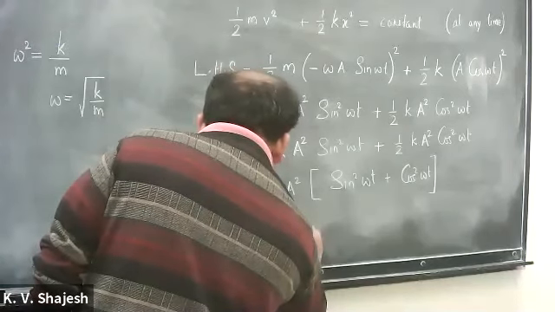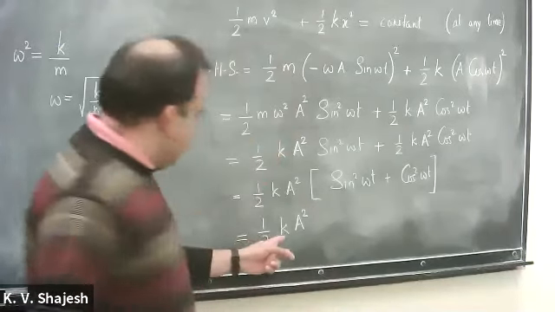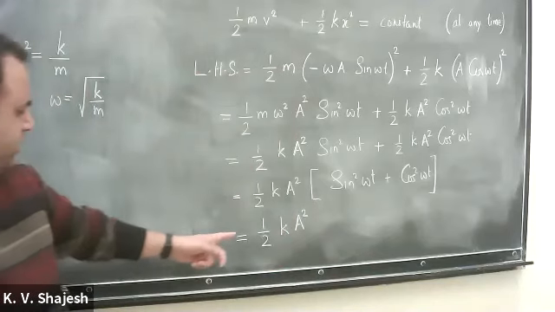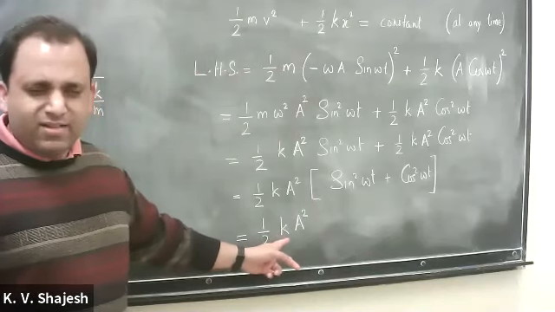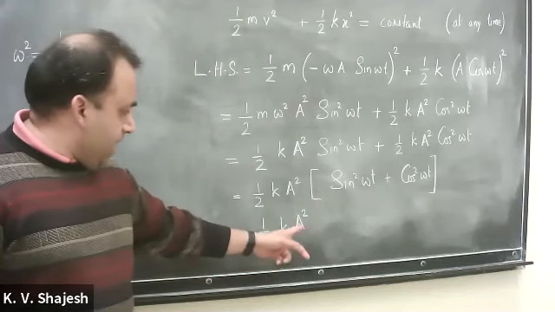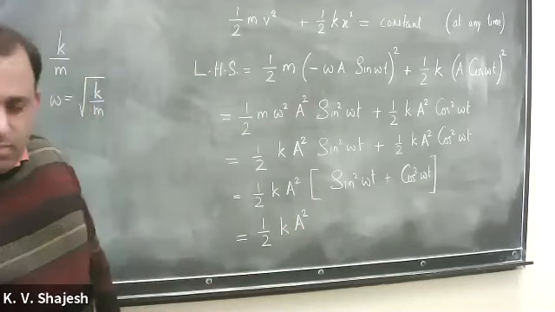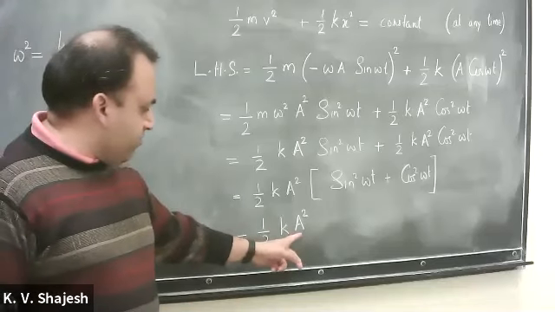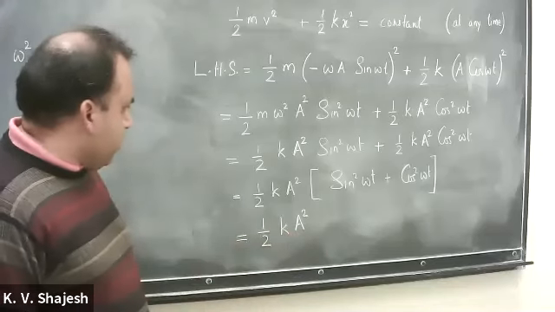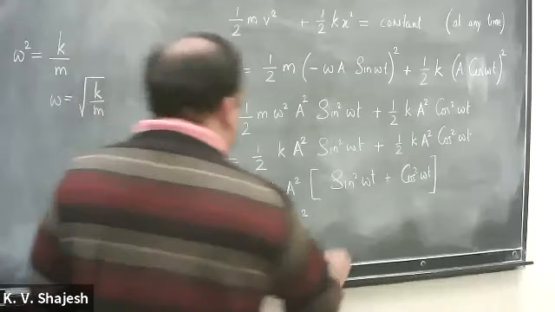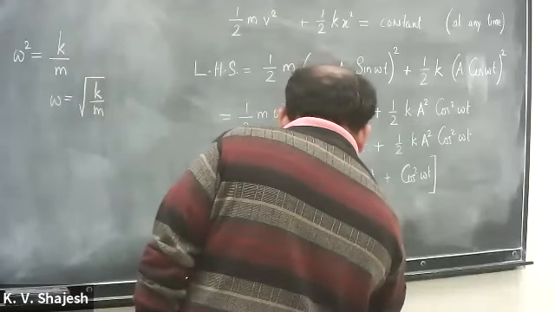So it's half k A squared, which is indeed not dependent on time. k is a property of the spring, and A is the amplitude, how much you stretched it out at the beginning, so that depends only on the beginning quantity. So this is indeed constant.